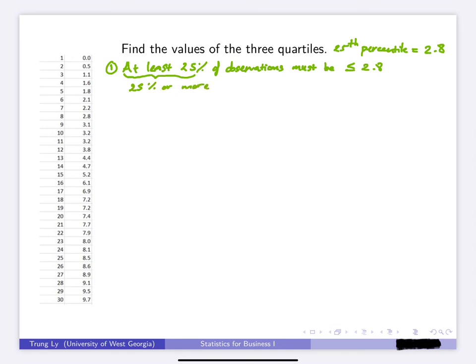And then the second condition is that at least 100 minus 25% of the observations must be greater than or equal to 2.8.